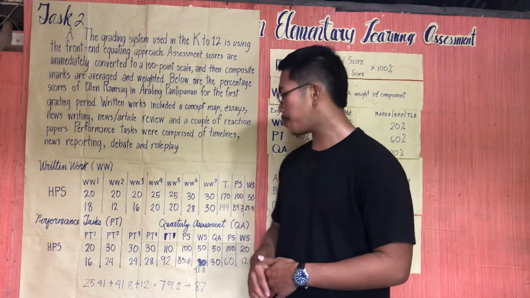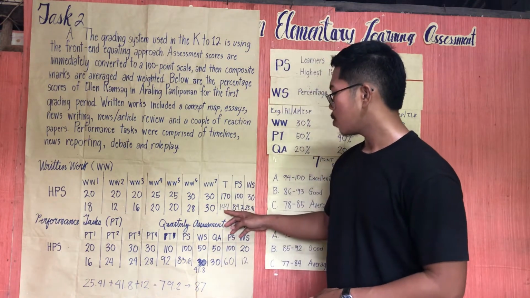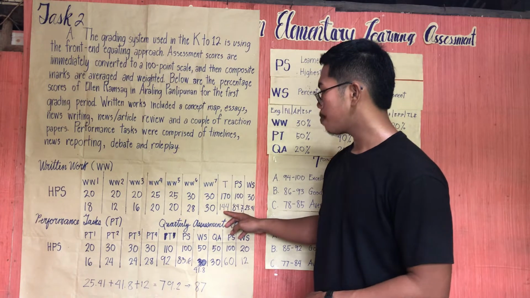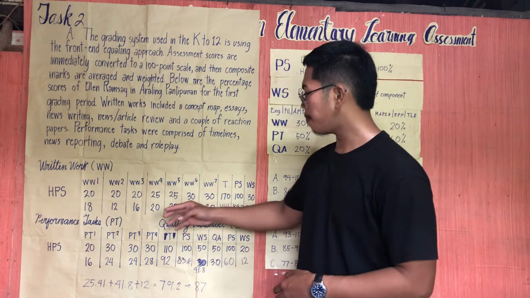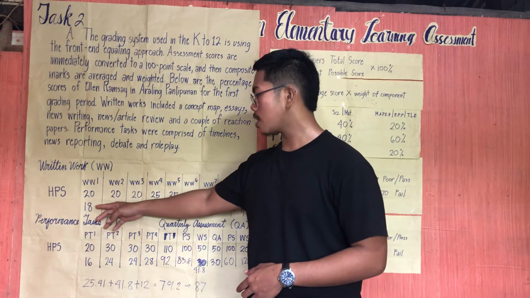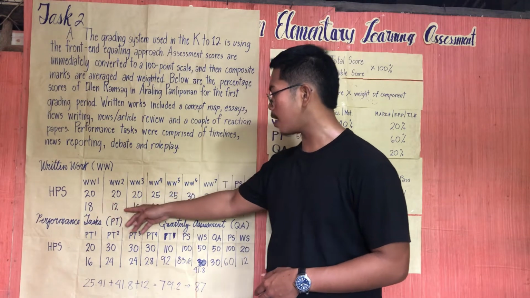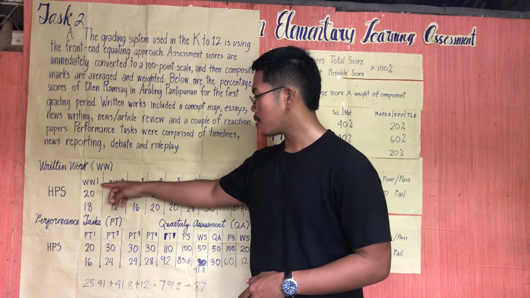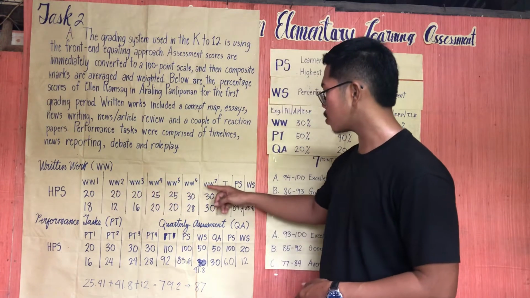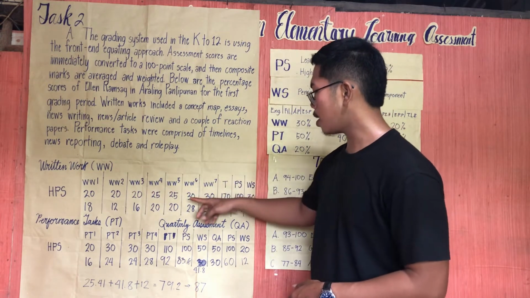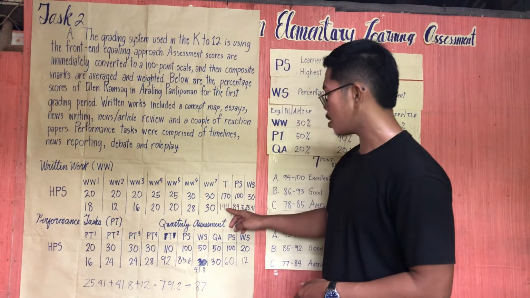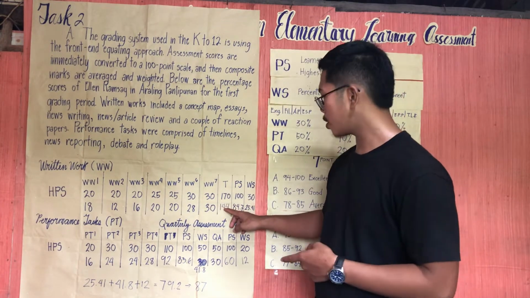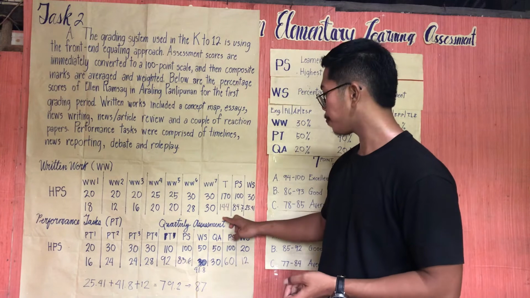We came up with 144 because we add up all the total scores of Ellen Ramsey from written work 1 until written work 7, and so we came up with the numerical figure of 144.